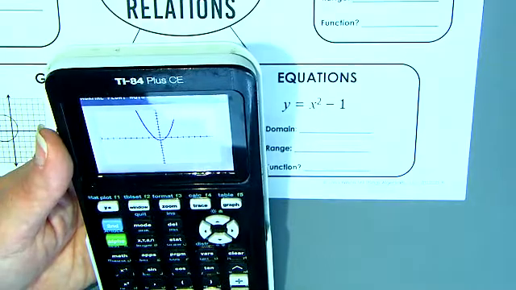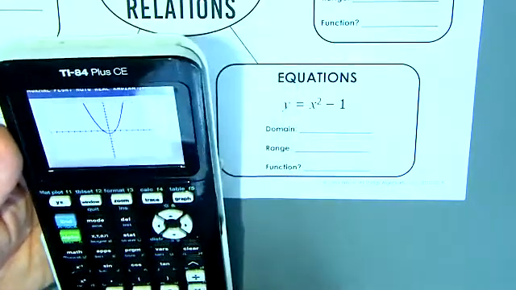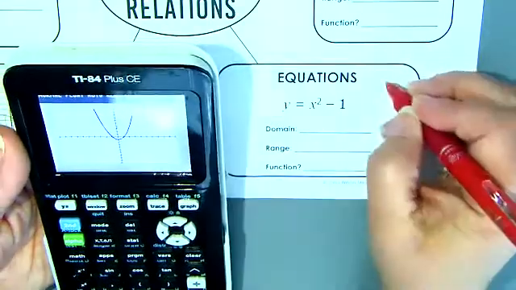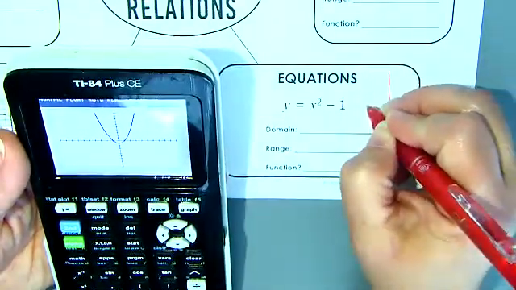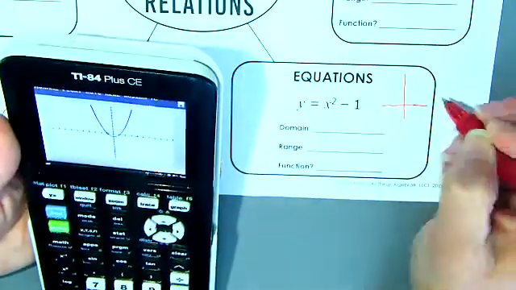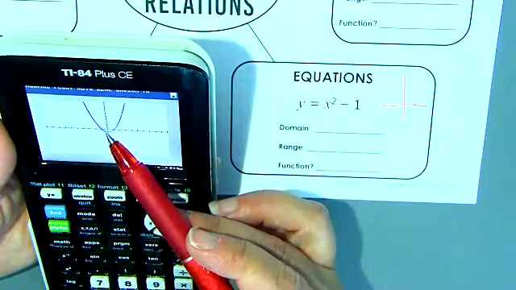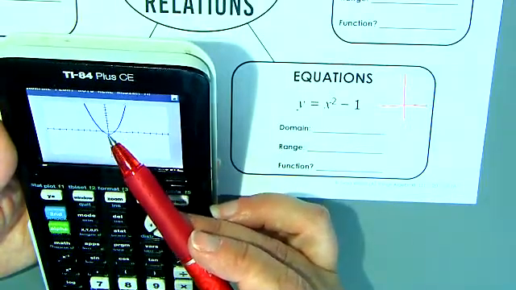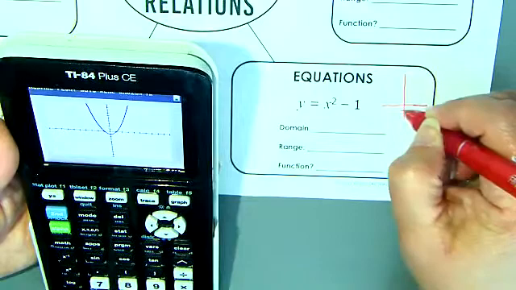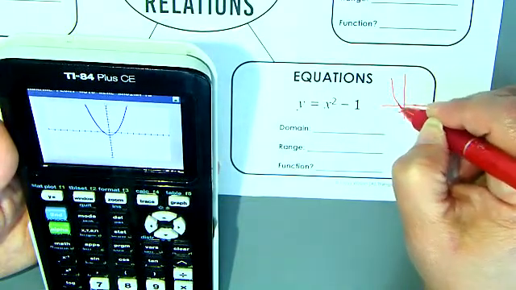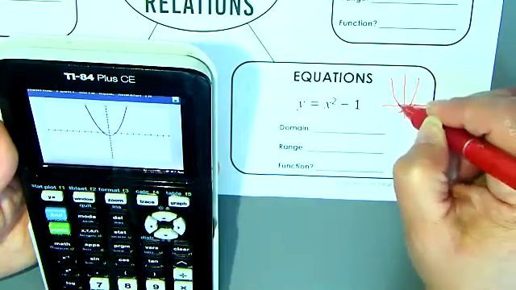And now you can see, and I can think about, okay, what is the domain and range for this figure? Well, when I look at it, I'm going to kind of sketch a graph here. And I'm going to notice that if I look at my calculator real closely, it intersects the y-axis. The lowest point is at -1. So I'm making a U shape that hits at -1.